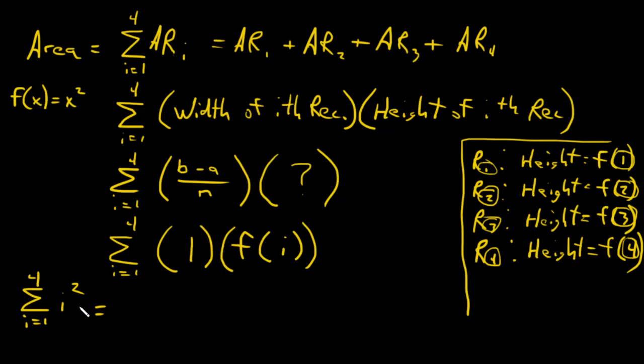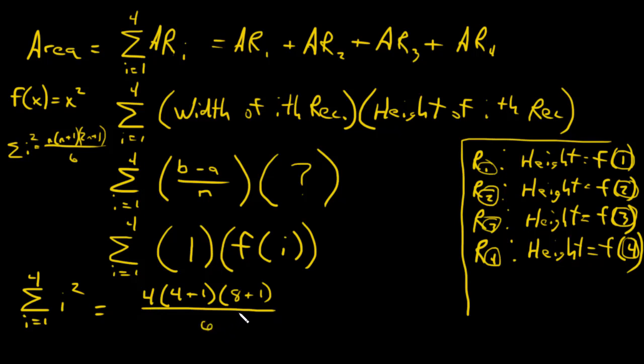So the summation of i squared is going to be, if you remember, I did the scratch work right here, n times n plus 1 times 2n plus 1, all of that over 6, right? So what's my n? n is 4, so it's going to be 4 times 4 plus 1, times 2 times 4 plus 1, so 8 plus 1, over 6. Well, that's going to be 4 times 5 times 9 over 6.